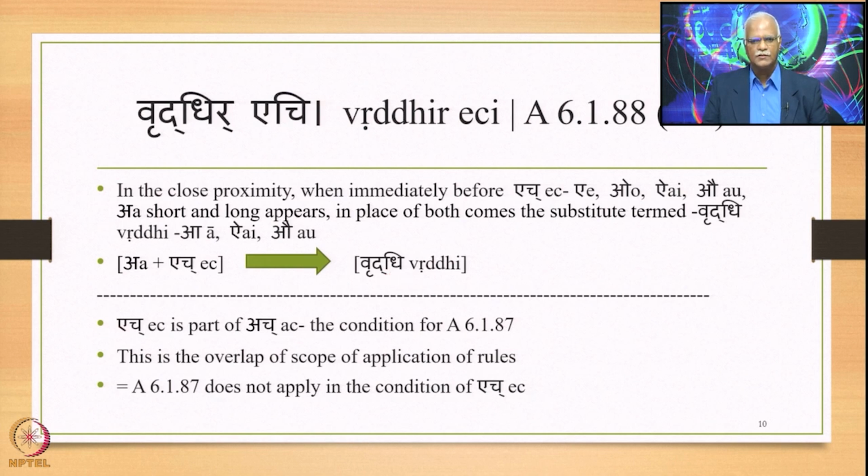It is important for us to remember that E is part of Ach. Ach is a pratyahara formed capturing the sounds that appear in the first four sutras, Aiun, Rlluk, Eon and Aiauch, and E is obviously part of Ach. Now Ach is the condition for 6187. Ad is also the condition of 6187.